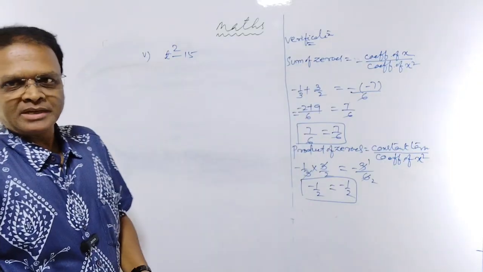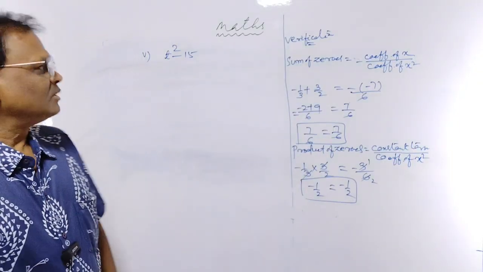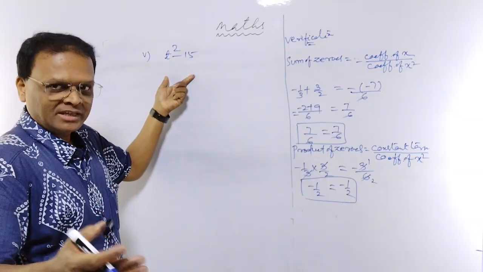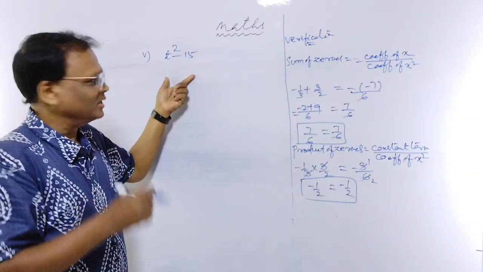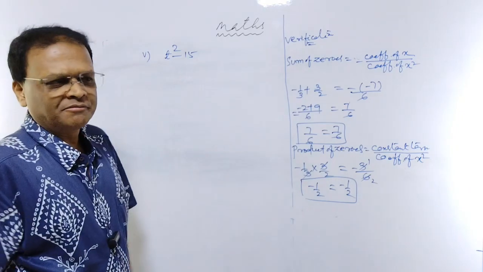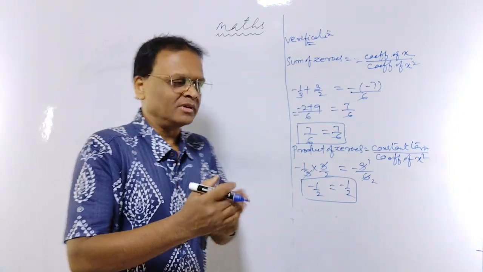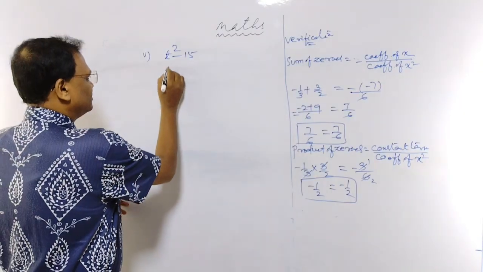It's very simple. As t square minus 15 has 2 terms, in my video while explaining this, I told you that if there are 2 terms, definitely we can express it in the form of a formula.